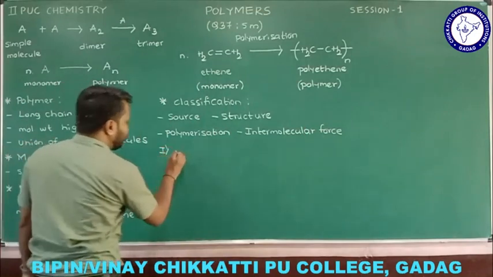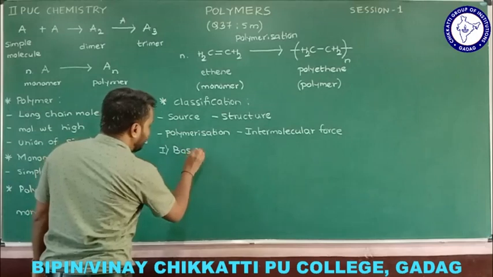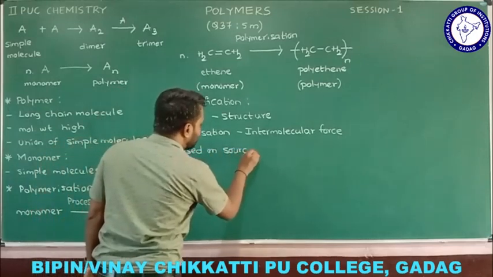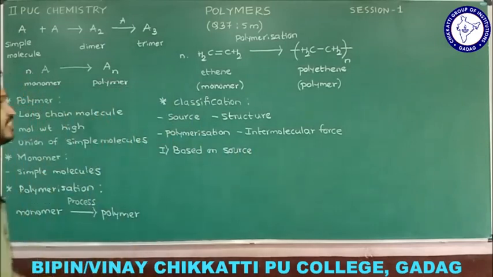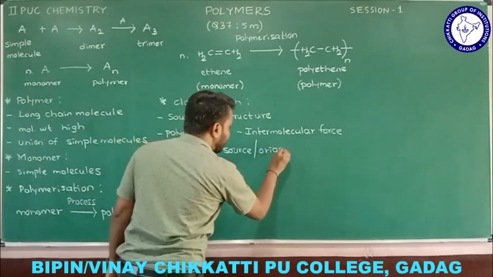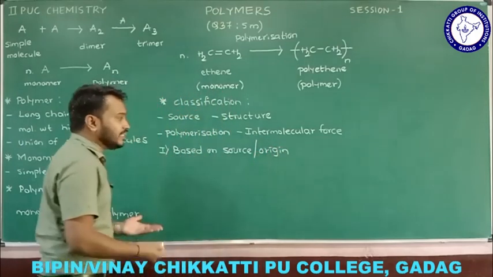Roman number 1 I am going to write here, and this will be based on source. So now we'll see how we are going to classify the polymers based on source, or you can call it based on origin, based on availability, the same thing.